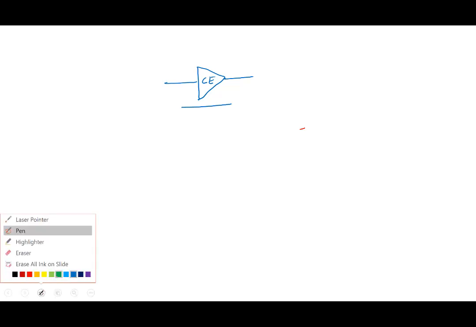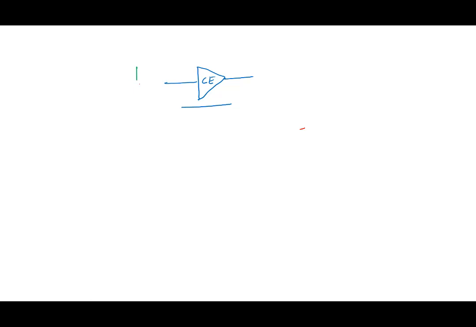Suppose I want to make my common emitter amplifier a good overall amplifier. Common emitter by itself will have difficulty in giving you gain, high input resistance and low output resistance. But suppose I now take my common emitter amplifier and add a common collector stage. Together, what will they give me?